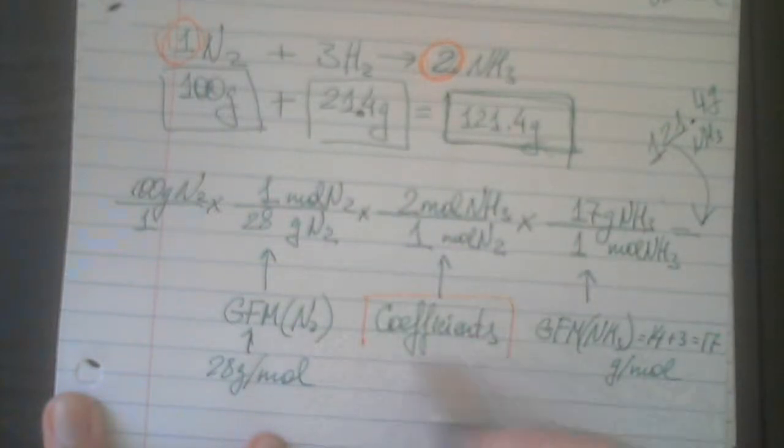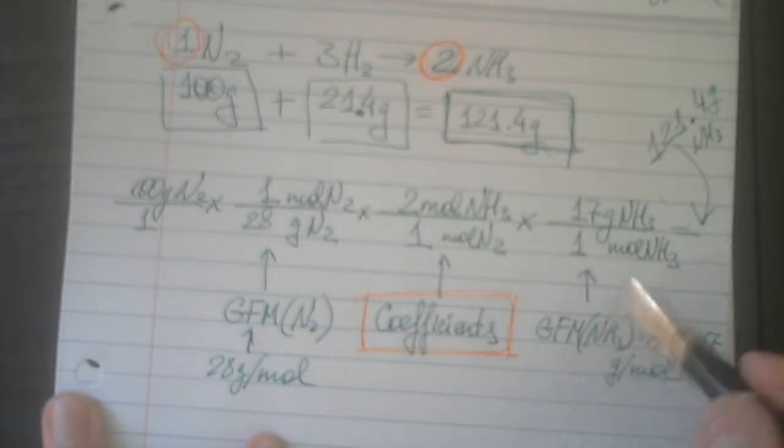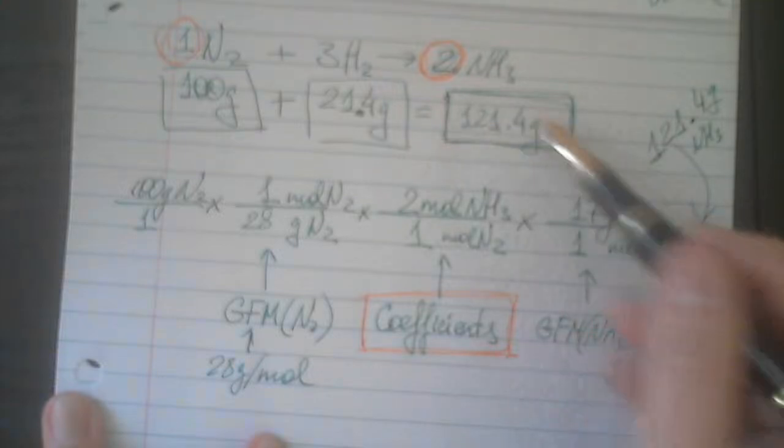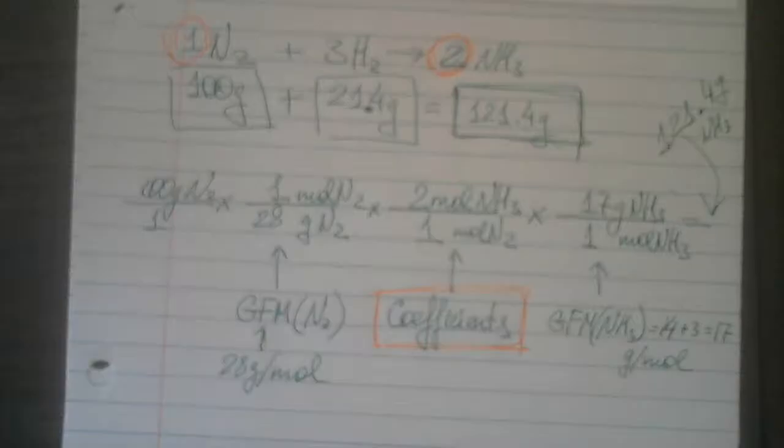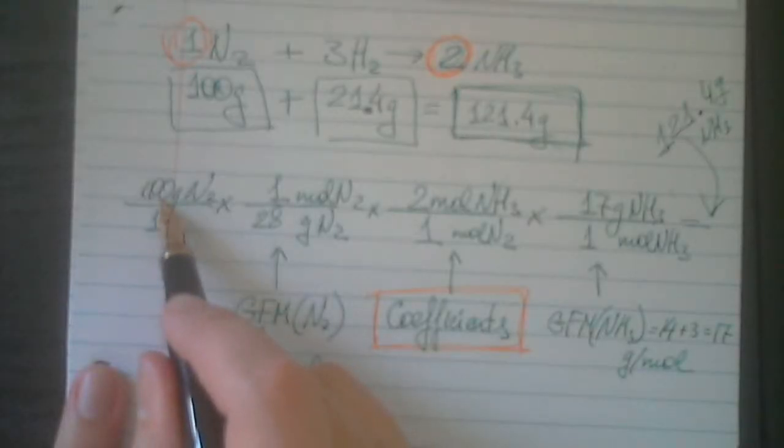This is where we're using coefficients, step number 2. And for step number 3, we're converting moles of ammonia into grams of ammonia with the gram formula mass of ammonia, which is 17.